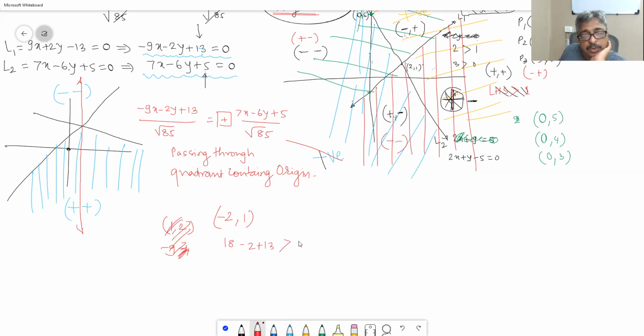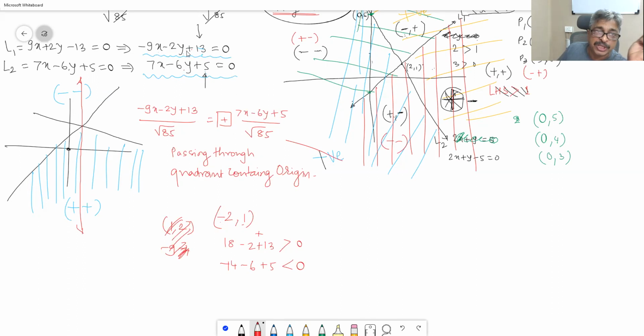Is this positive? So positive. The first line is positive. Second line: minus 14 minus 6 plus 5, so this is less than 0. So as far as minus 2, 1 is concerned, the first line gives positive and the second line gives negative.